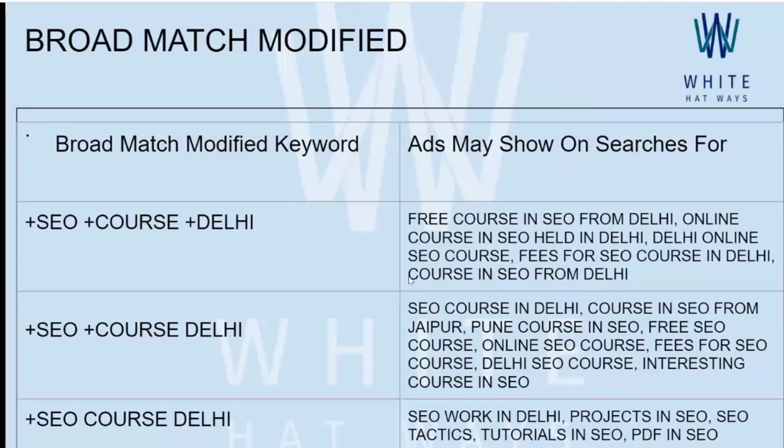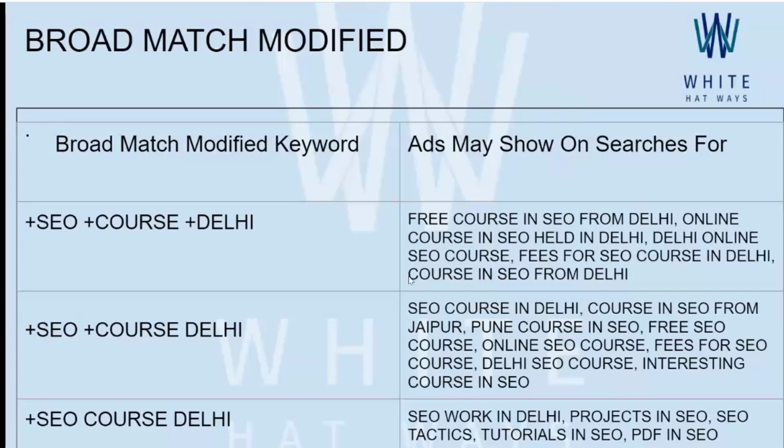Free SEO course: again, SEO and course are there. So Delhi has become free, or it might not have become even free. It is irrelevant. They have not even taken Delhi into consideration. They have added another word, free, over here. So imagine free SEO courses getting to see your ad.